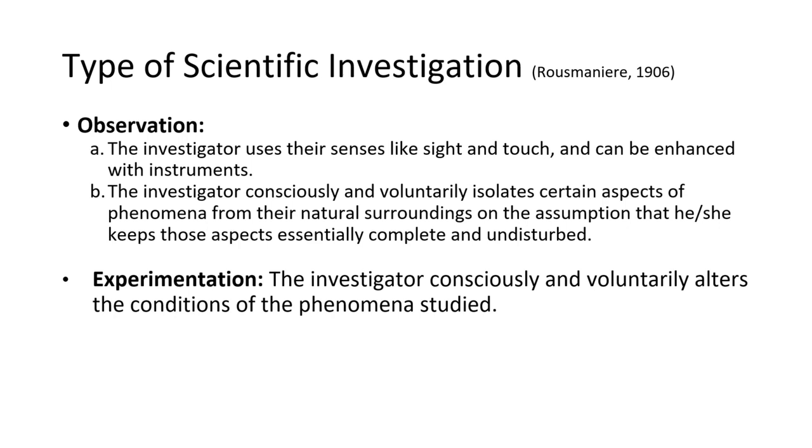For example, an investigator uses his or her senses, like sight and touch, to conduct observation. In this type of observation, the investigator documents what he or she sees, hears, or tastes.